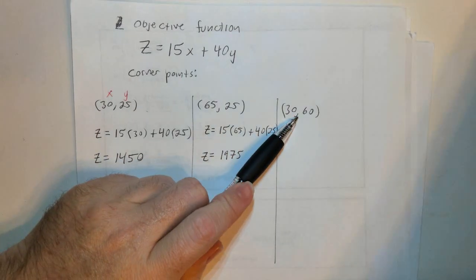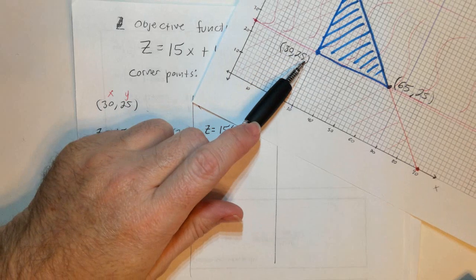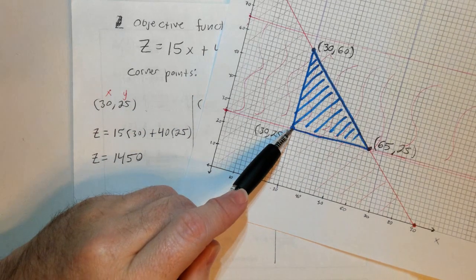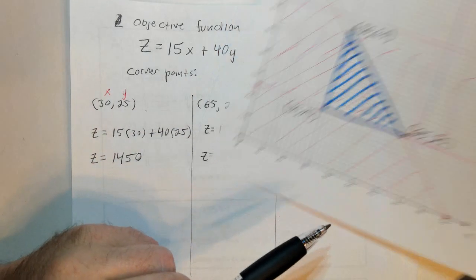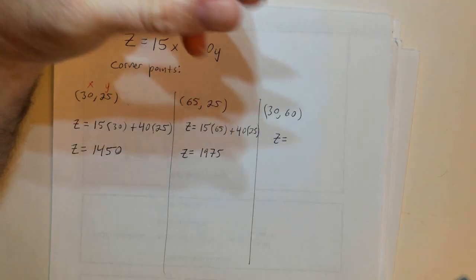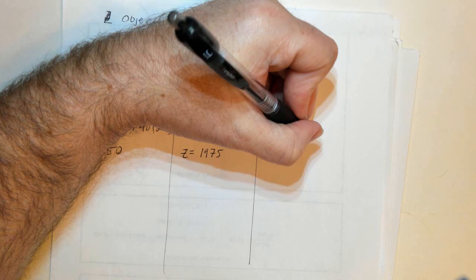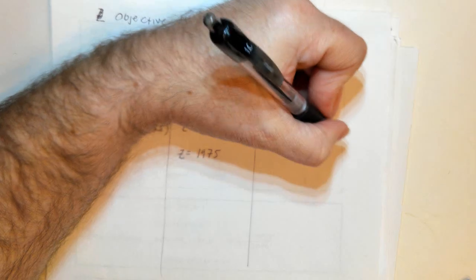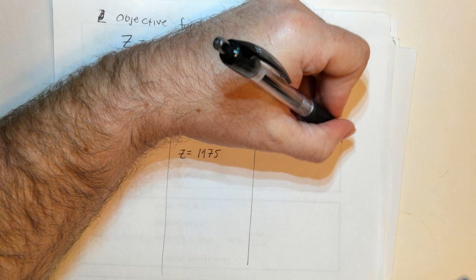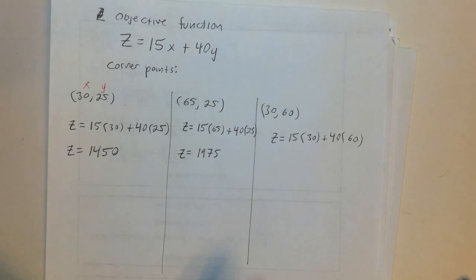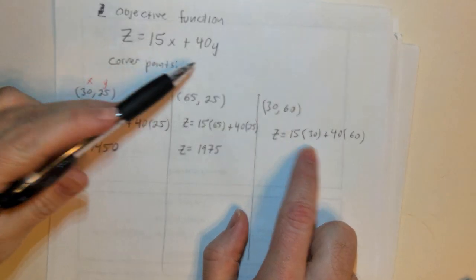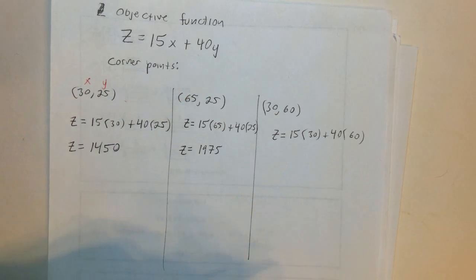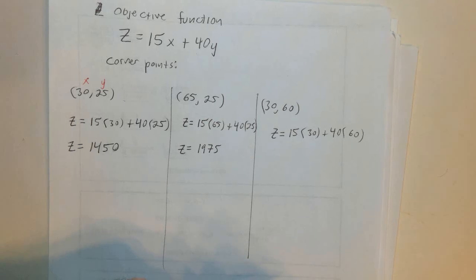This 3060 was down here in the bottom corner. I'm going to predict that's the smallest number. That's going to be the minimum. That's my guess. But anyway, 15x plus 40y. 15 times 30 plus 40 times 60.